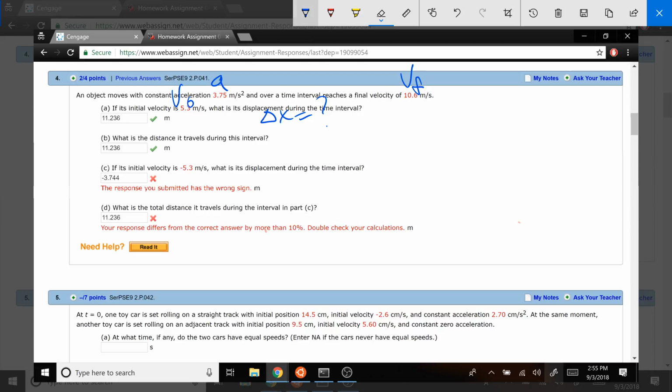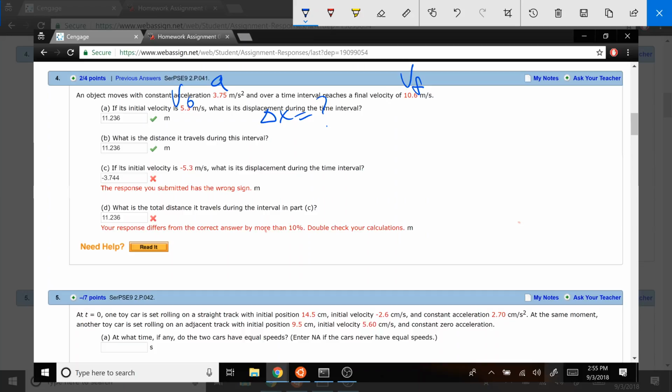I didn't think about this for a second. You said you need to figure out when velocity is 0 and split it up based on that point, right? Yeah. One's positive and one's negative.